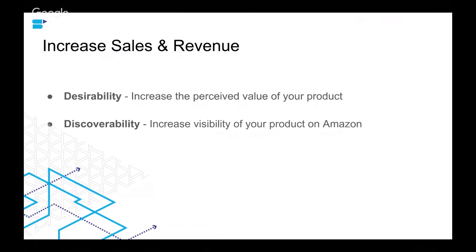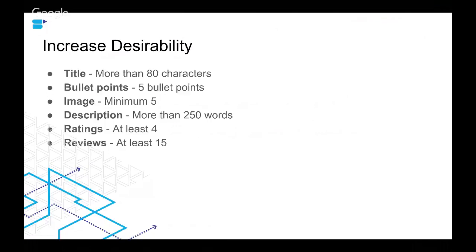This drives the visitors to turn into customers. And the other factor is discoverability: how visible are you on Amazon? We have a set of exactly 6 features on SellerApp that will help you increase desirability and also discoverability. So let's go to SellerApp.